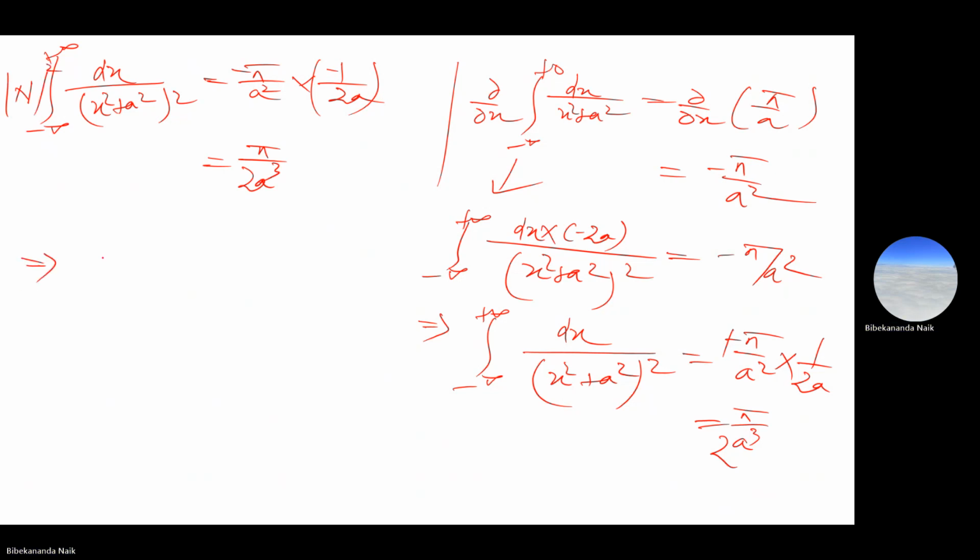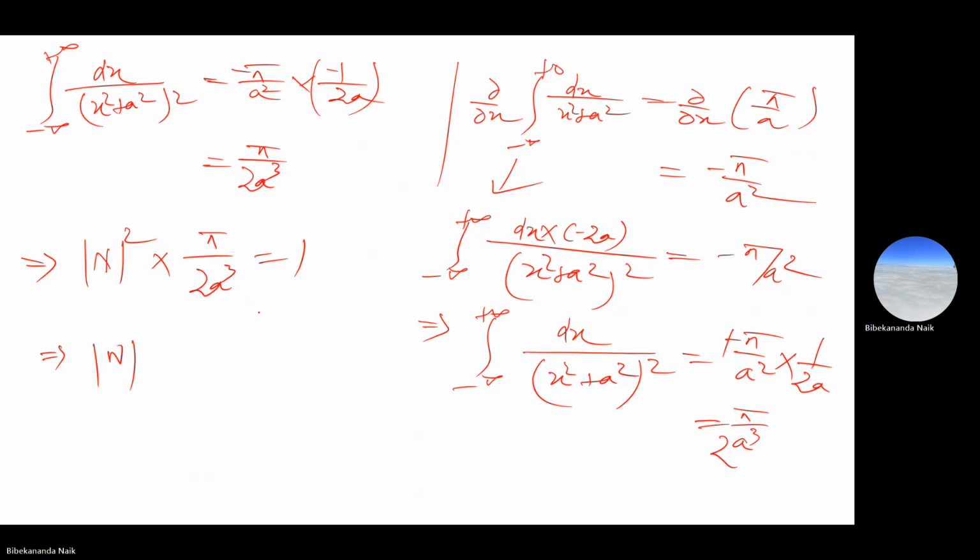So if you do this, it will be mod n square into the integration value, pi by 2a cube, which equals 1.